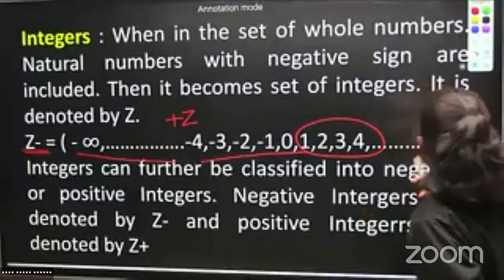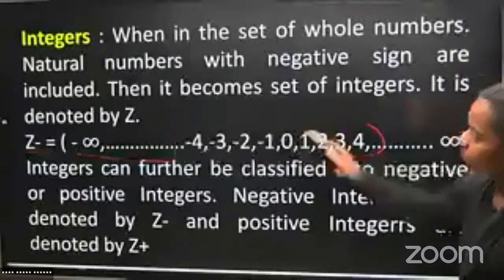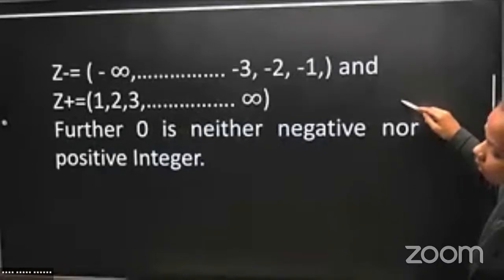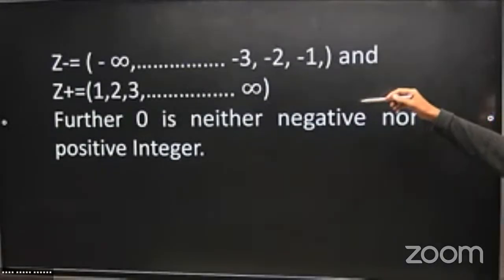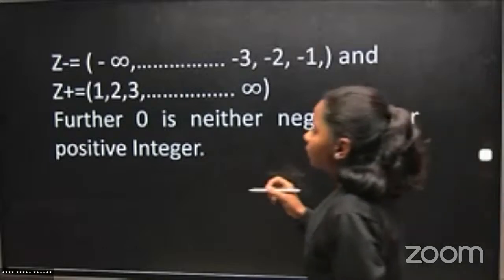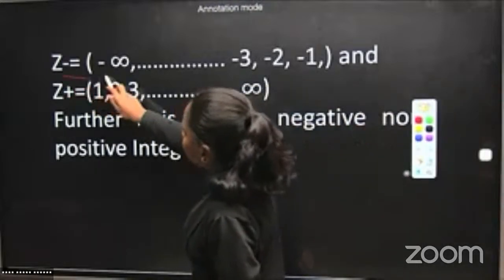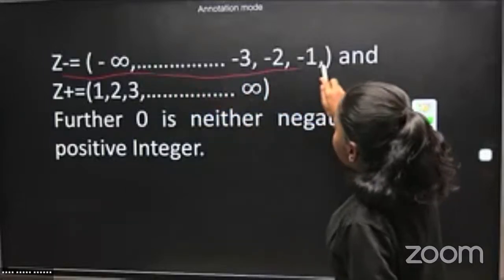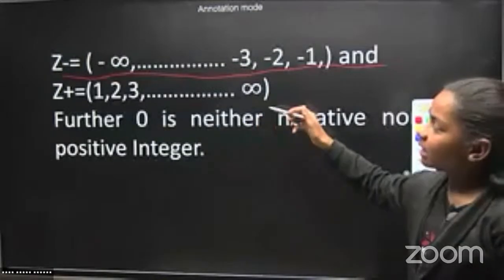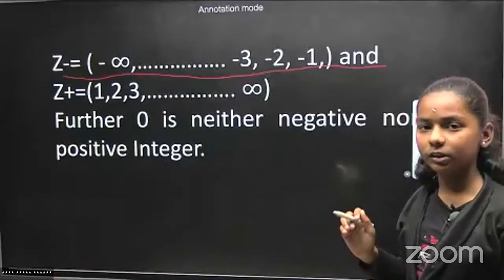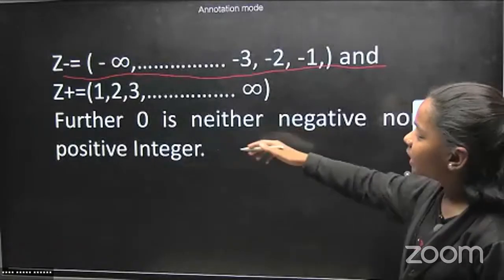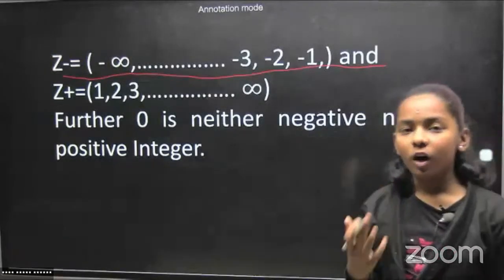Yes, now next. Yes, here it is. Minus z. In this, minus z is denoted for negative integers and plus z is denoted for positive integers. Further, 0 is neither negative nor positive.